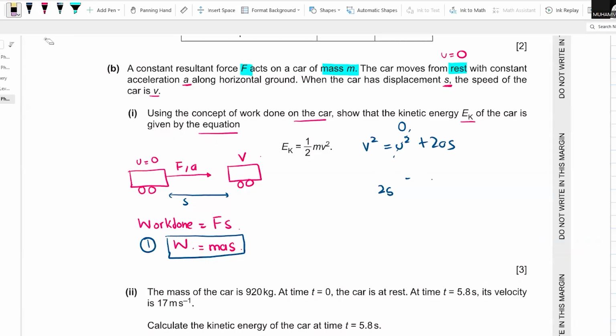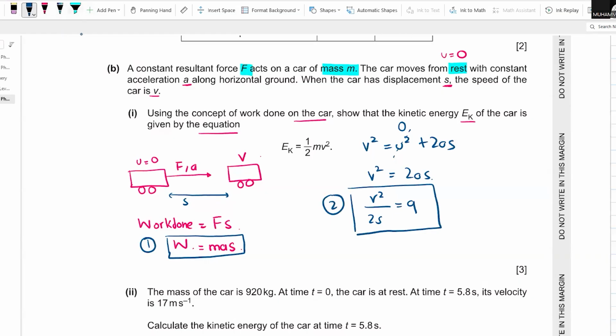Sir, how did you get this conclusion? Dekho. Initial speed is 0. On the left hand side, we will have v square only. This has 2as. Divide 2s to the downside. v square divided by 2s is equals to acceleration. This is your second equation.